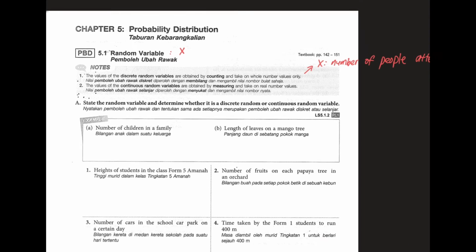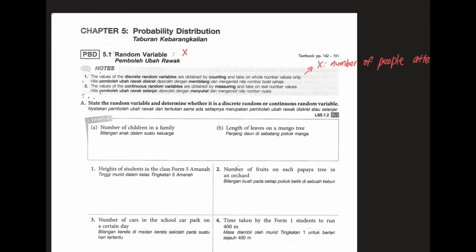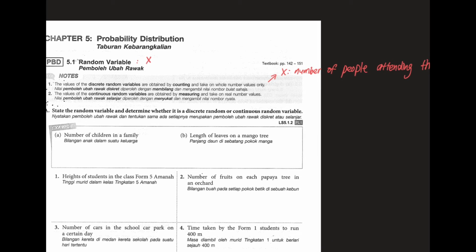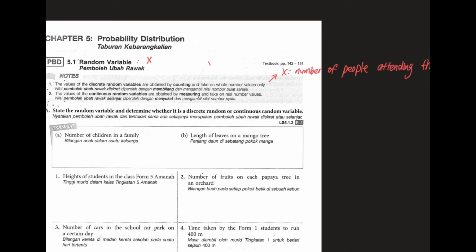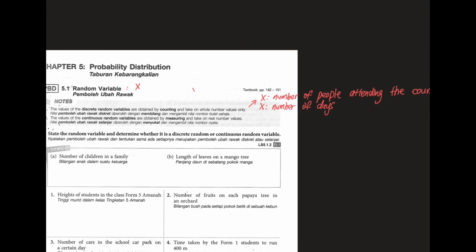Okay, it's not reasonable. Now let's see another example. Another example, discrete random variable, number of days of raining in a week.